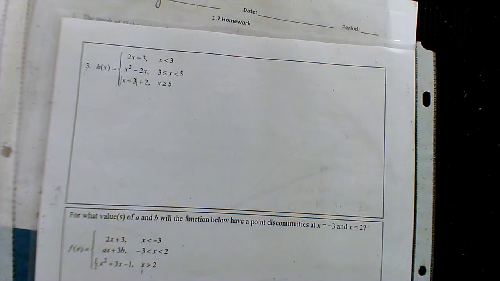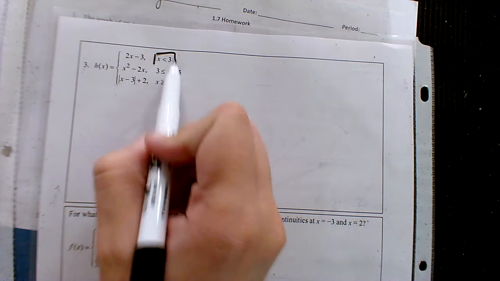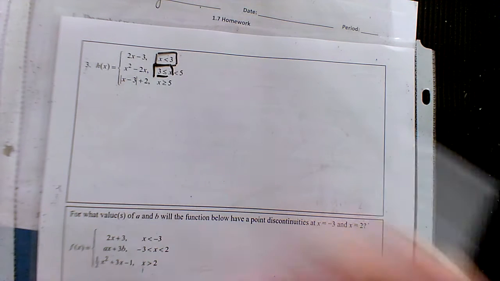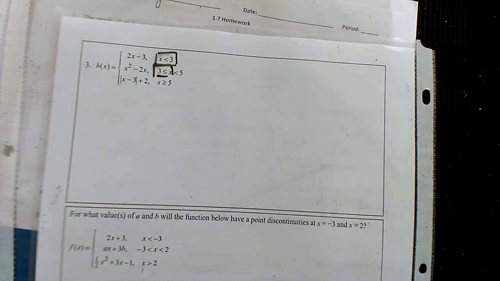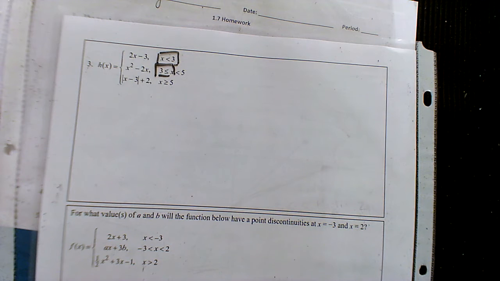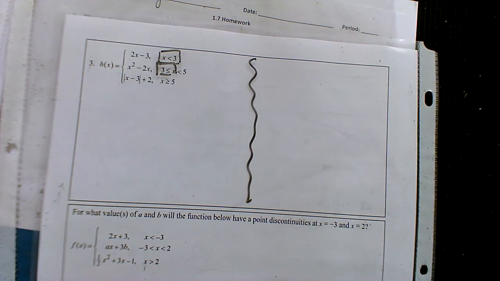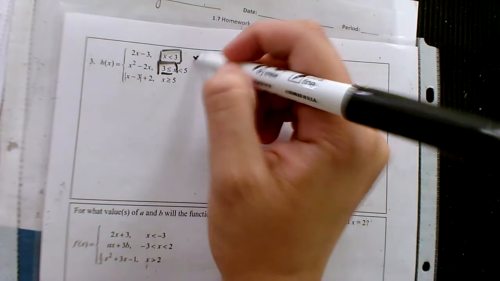If we have 3 pieces, notice how the first 2 begin and end at 3, but the next 2, the middle and the third, begin and end at 5. So we actually have to check this twice, one for each of them. So maybe we'll separate that little box: x equals 3 and x equals 5.